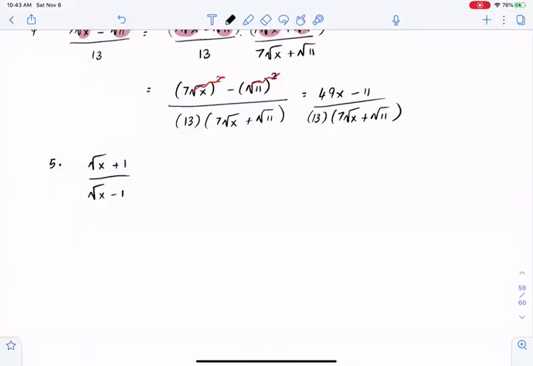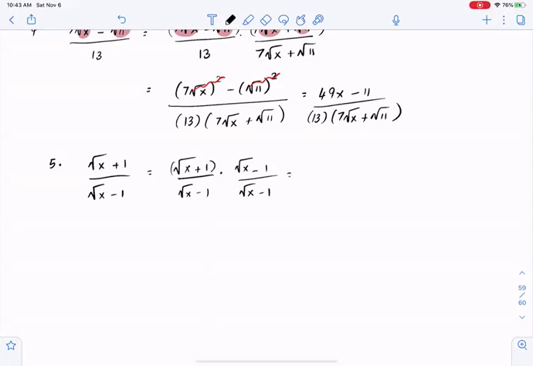So I'm going to multiply and divide by the conjugate of the numerator. So square root of x minus 1 divided by square root of x minus 1.